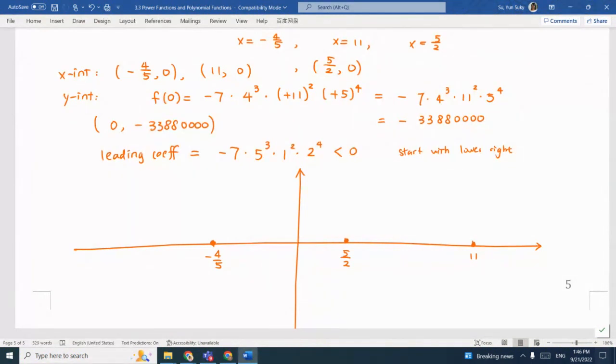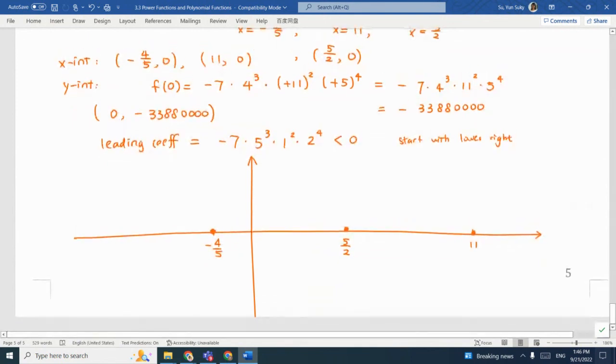Of course, if you want to make it better, then maybe we should write this closer to that, because -4/5 is less than 1. The length is less than 1. This is like 2.5, so longer distance. But the y is so small, so -33 and 4 zeros.